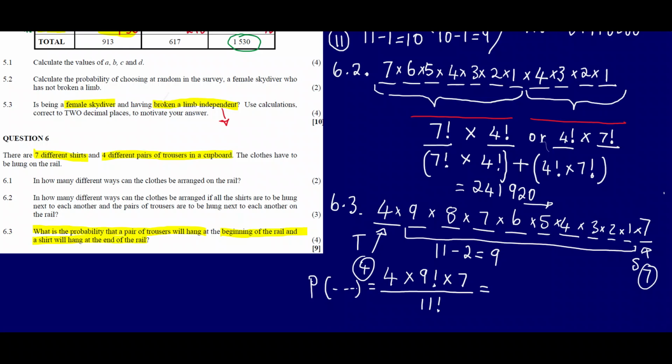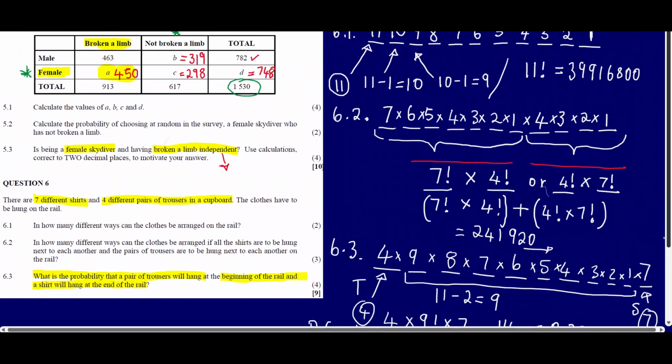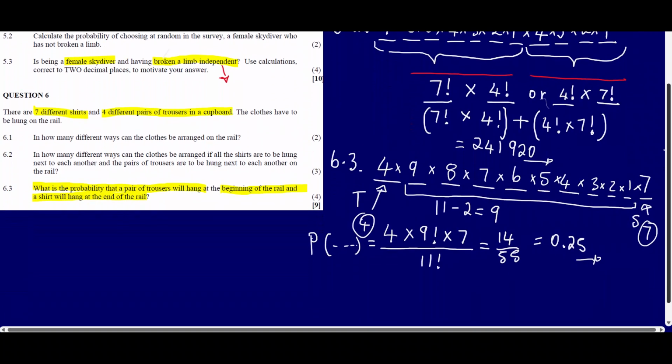So the probability of that is going to be 4 times 9 factorial times 7, divided by 11 factorial. So the 11 factorial is the sample space, and I think the answer is going to be 14 over 55, which is 0.25, right? So this is the probability of that, and I think it's perfectly fine there.